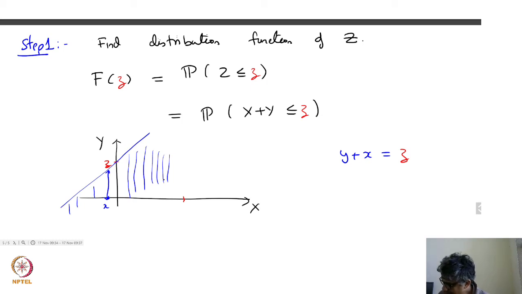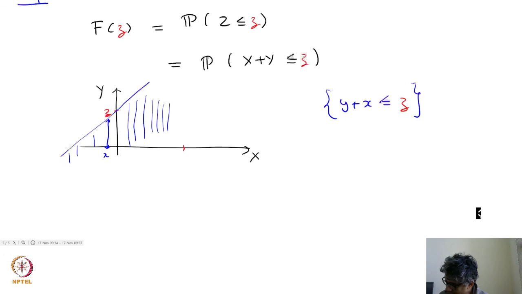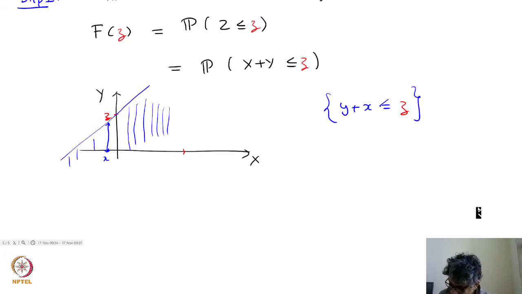So this is the region where x plus y is less than or equal to z. That's how the region looks. Now you know this is where capital X and capital Y have to be.